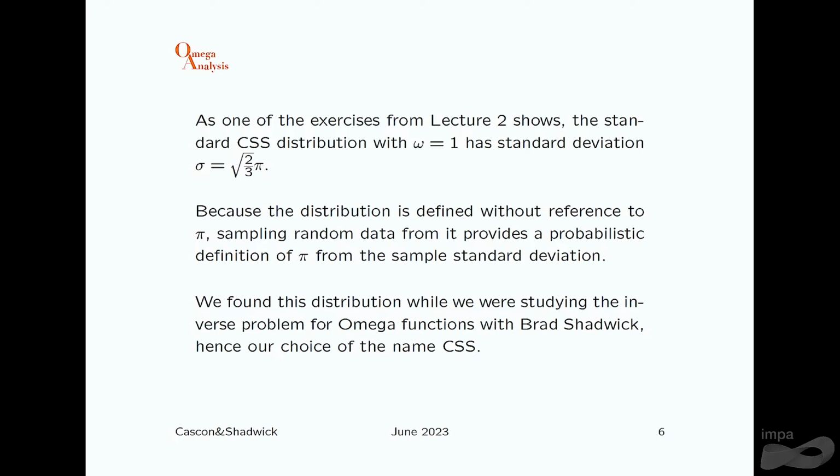Now, the reason for that, we thought, well, this is a very interesting distribution, and nobody seems to have ever noticed it before. In fact, it's not at all clear how you would ever find this distribution without the intervention of omega functions. It's absolutely natural from the omega function point of view.